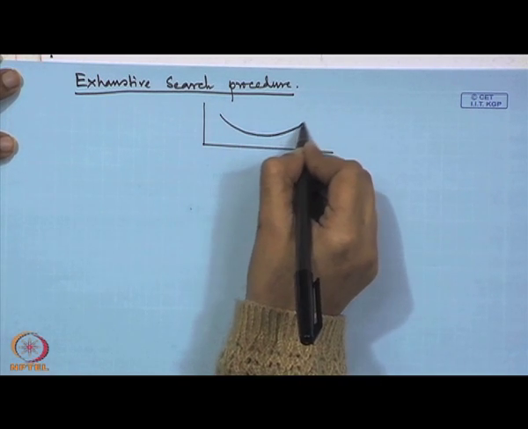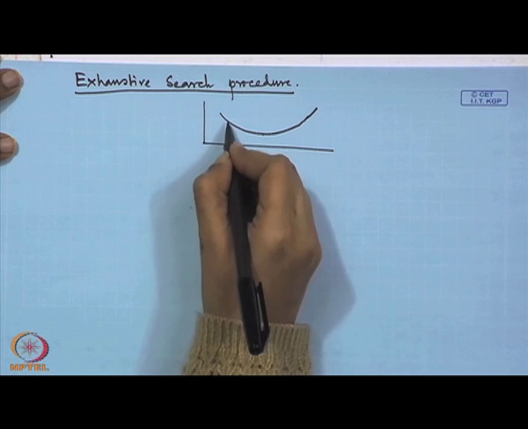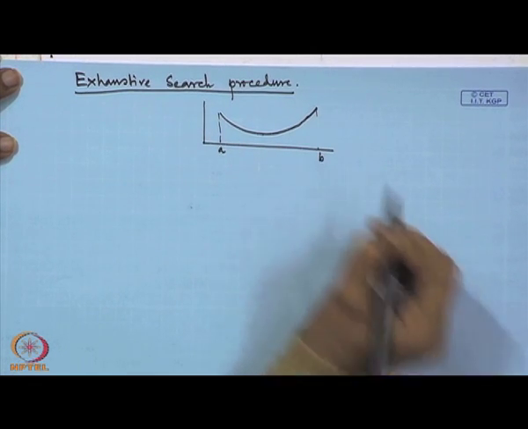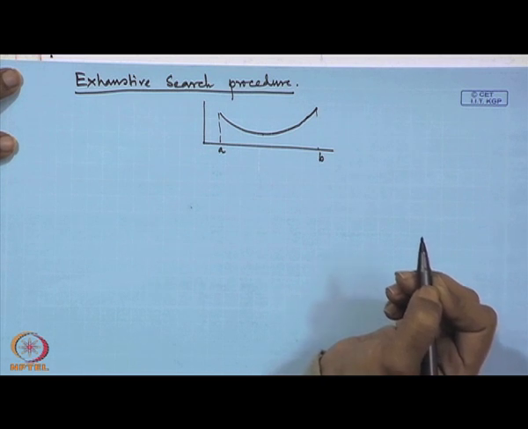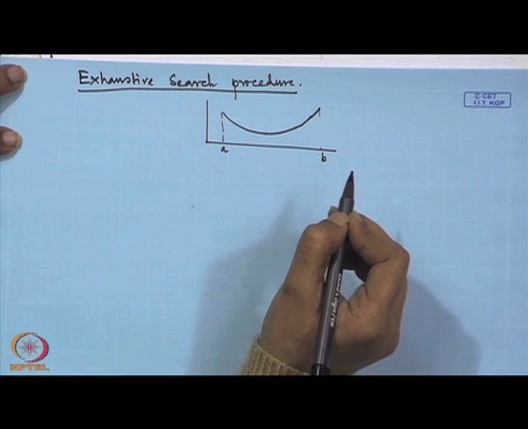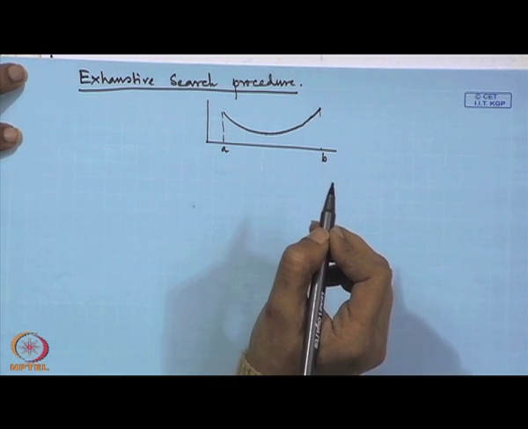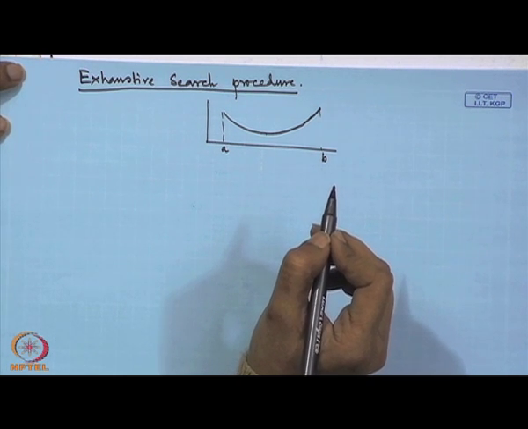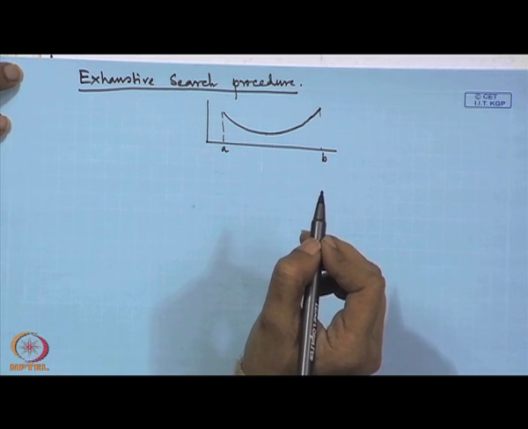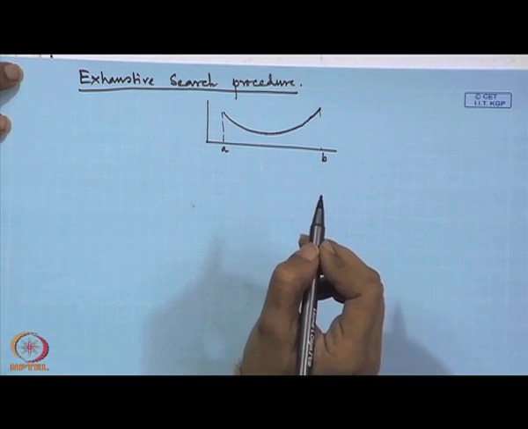This is my functional value, certainly the minimum is lying here. This is the domain of definition A to B, and the process is such that we will divide the whole interval of uncertainty, the initial interval of uncertainty, into n plus 1 equally spaced subintervals.